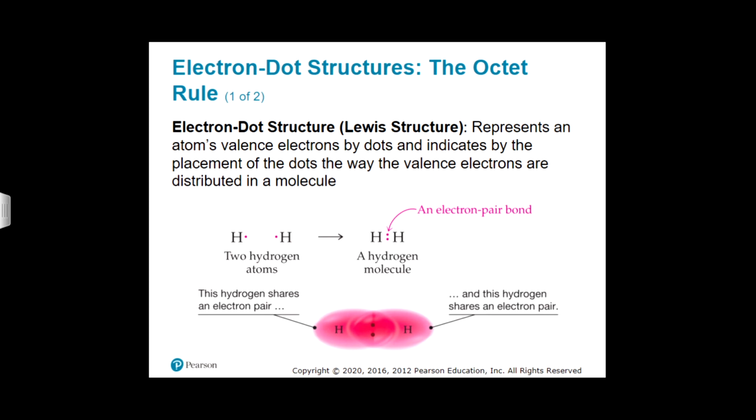So to start with possibly the simplest covalent molecule, hydrogen, with two individual hydrogen atoms bonded together, each individual hydrogen atom on its own has one unpaired electron, as indicated by the pink dot next to each H there.